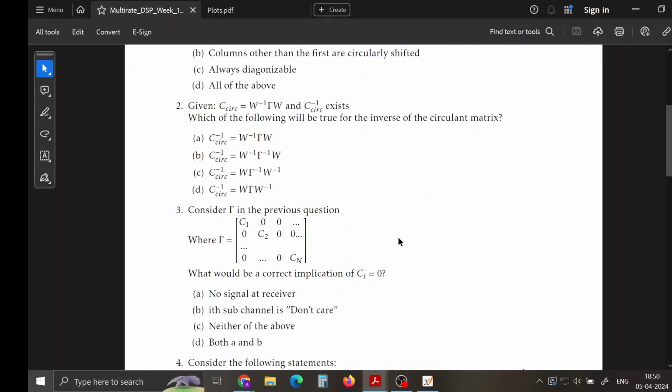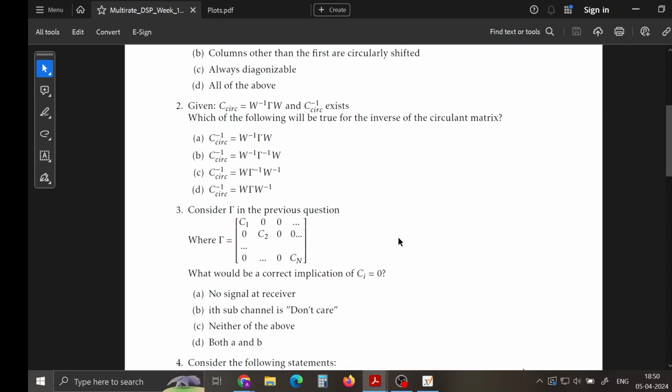If the channel gain is 0, then irrespective of whether you are sending some symbol from the transmitter, since your channel gain for that ith subchannel is 0, nothing will be transmitted to the receiver, right? The receiver will have nothing, so no signal will appear at the receiver because of this Ci going to 0. So that's one straightforward implication, that we observe no signal at the receiver.